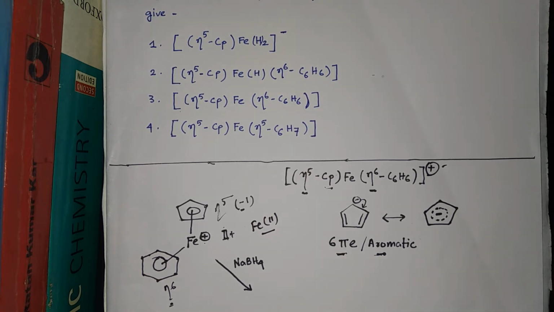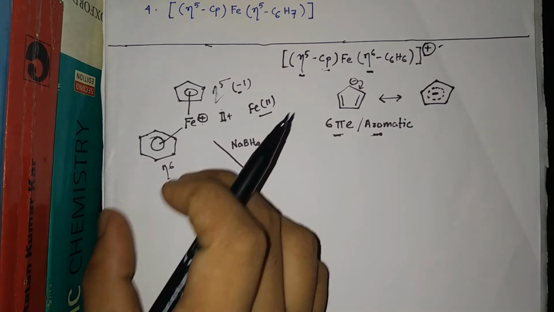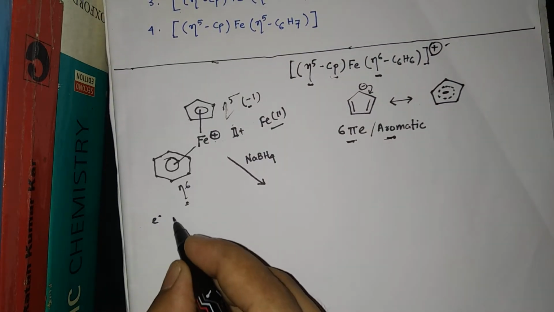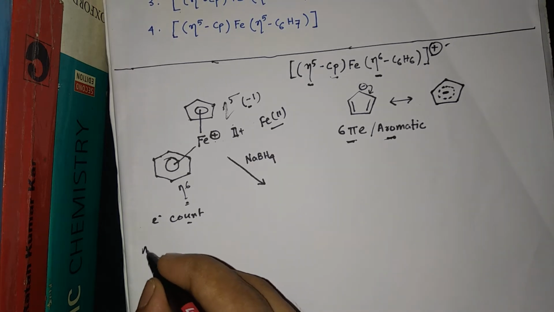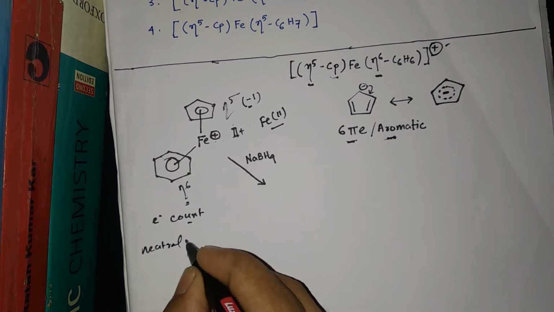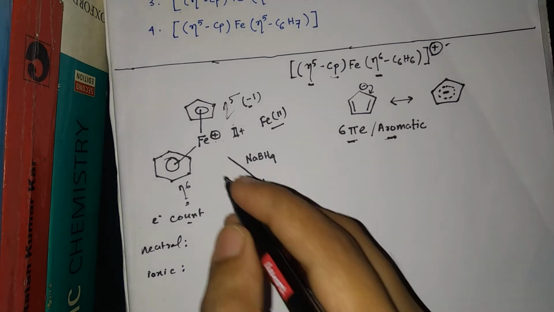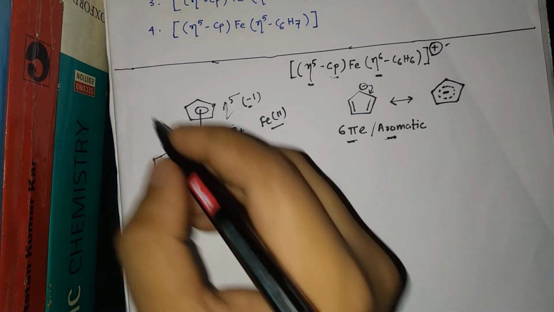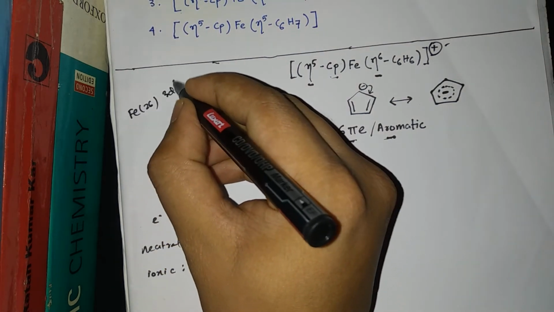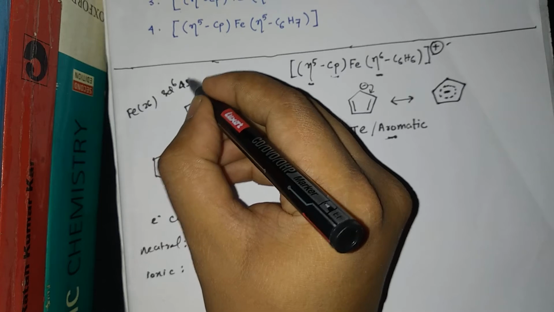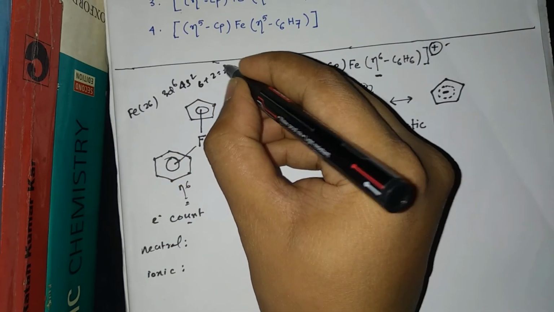So now guys, we will calculate the electron count of this. For electron count there are 2 ways, one is the neutral way and another one is the ionic way. What is the neutral way? We know iron is atomic number 26, which is 3d6 4s2. So the valence electrons are 6 plus 2 equal to 8.